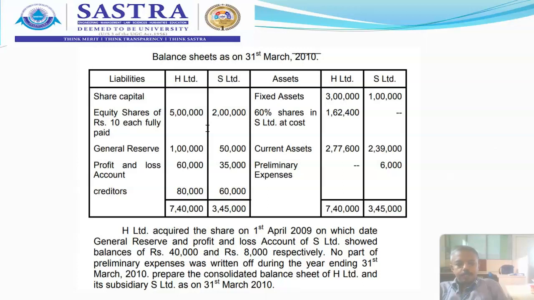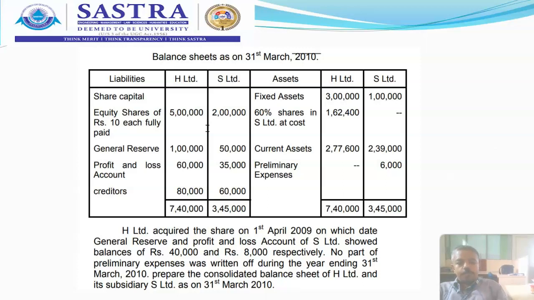So we need to differentiate between the capital profit and the revenue profit. This helps a lot to calculate goodwill as well as minority interest. Now let me request you to focus on calculating capital profits of the subsidiary.